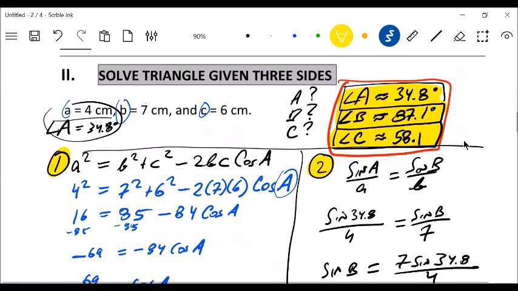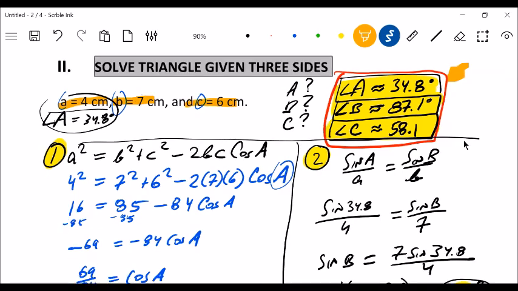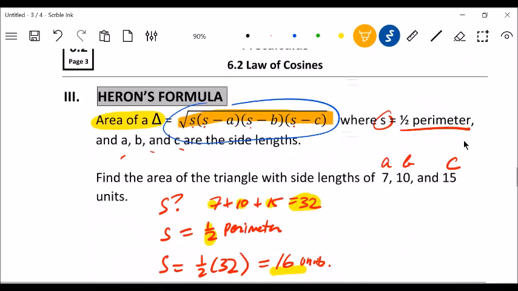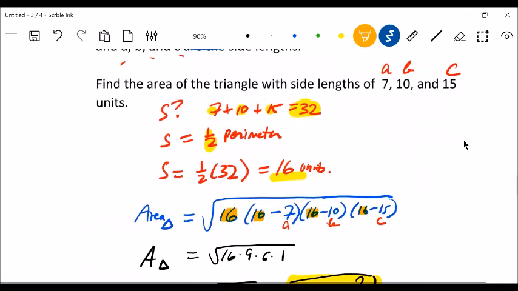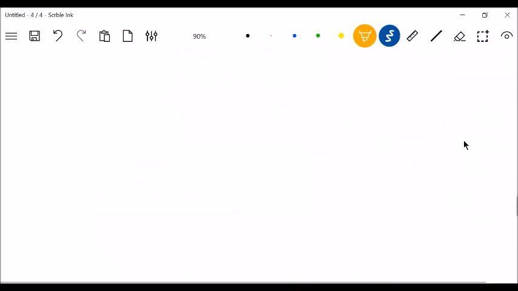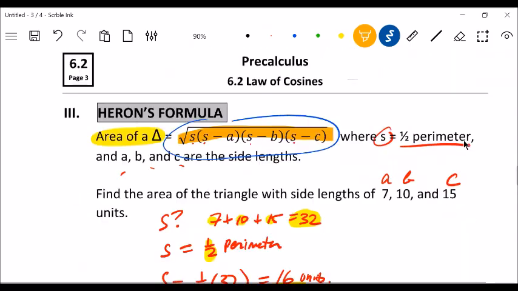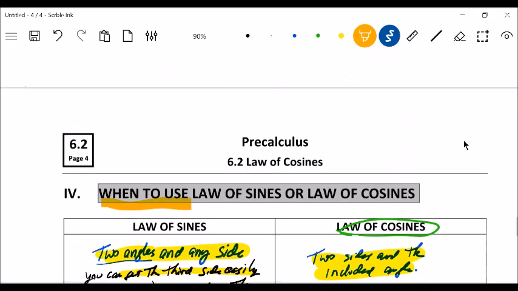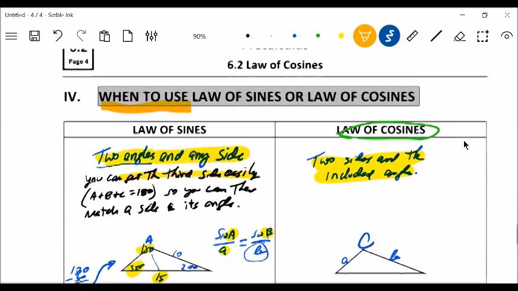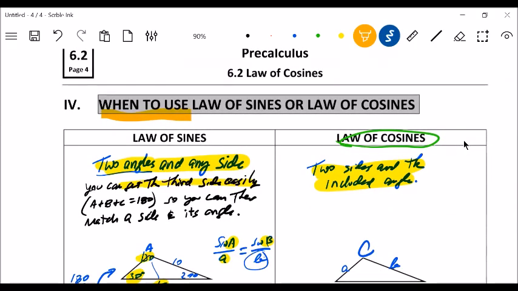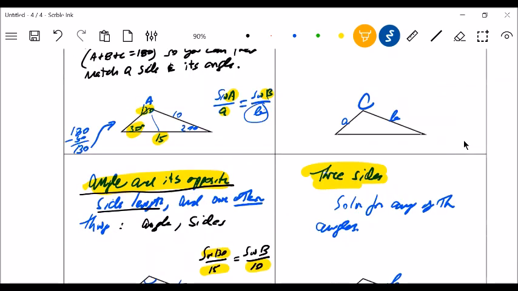Here we have just the lengths to work with, and if you have just the lengths to work with, then you can get any one of the angles you want to, which we then found out over here. And we used Heron's formula to get the area of a triangle. And here we had reminders about when to use the law of sines or the law of cosines.